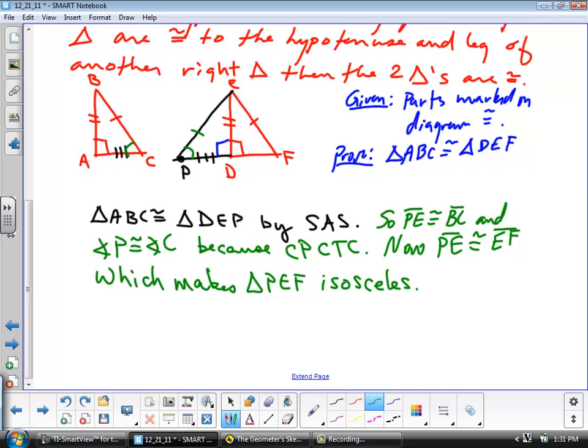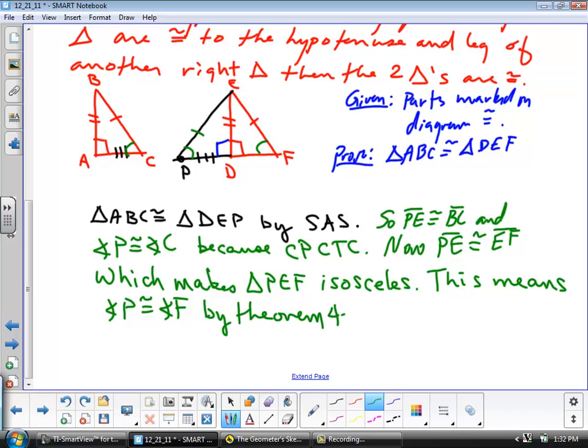Two sides are equal, that's the definition. What do we know by theorem 4.1 about isosceles triangles? The opposite angles, yes. So angle P must be congruent to angle F. And that's theorem 4.1.